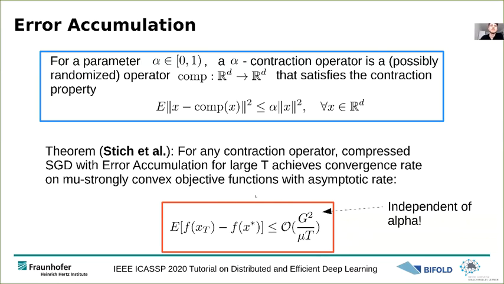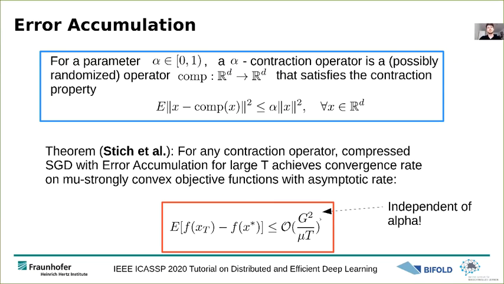And the crazy thing about this is that this convergence bound is asymptotically not dependent on alpha. So the term here, which is the contraction constant of the compression operator.